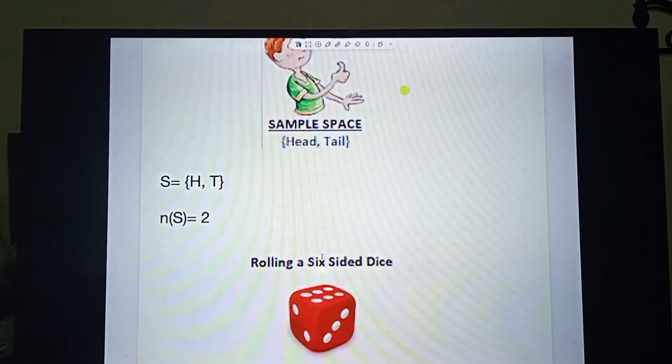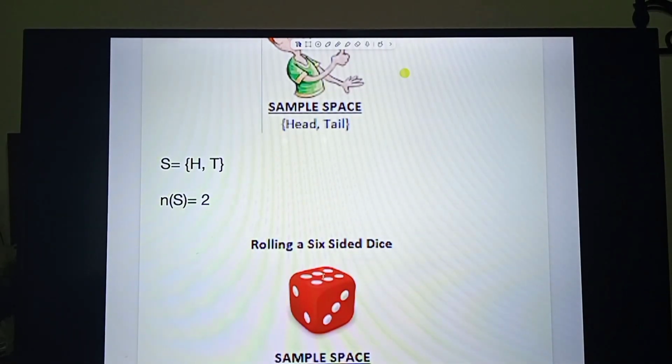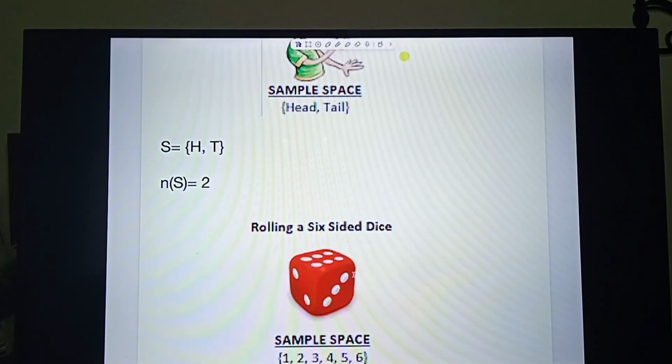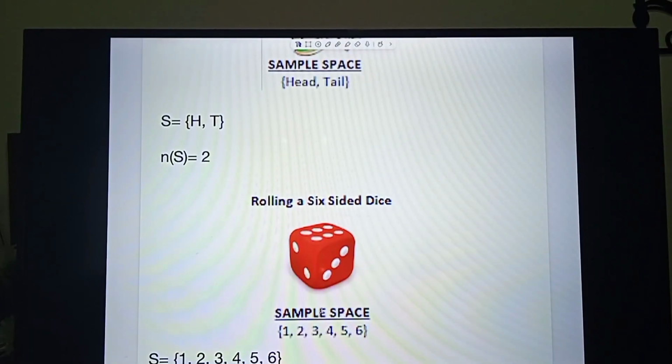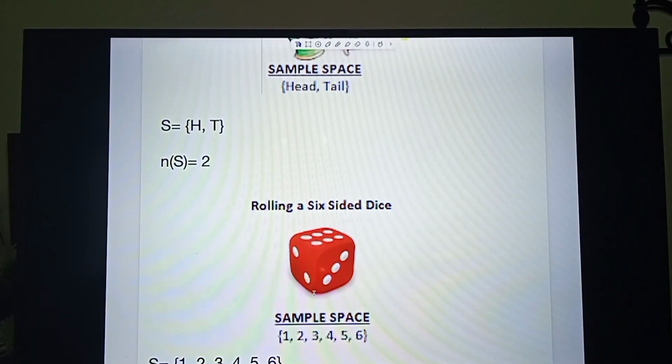Similarly, when you roll a six-sided die, all possible outcomes are 1, 2, 3, 4, 5, and 6.